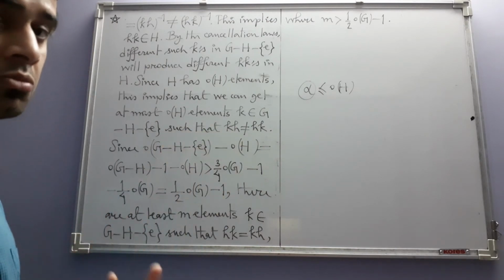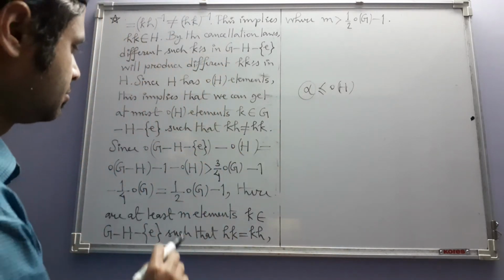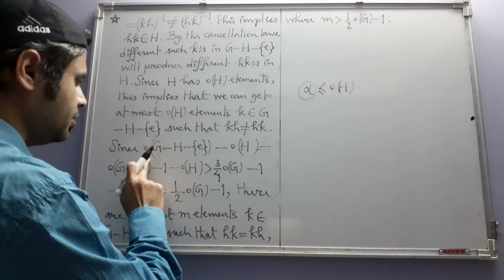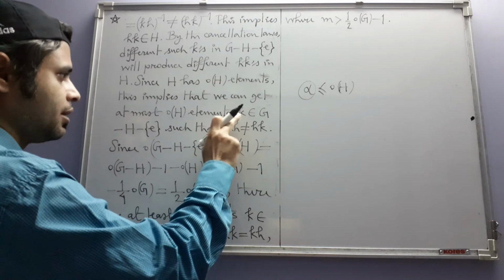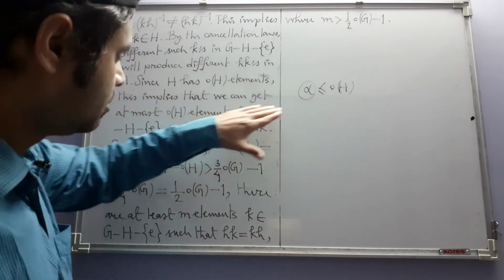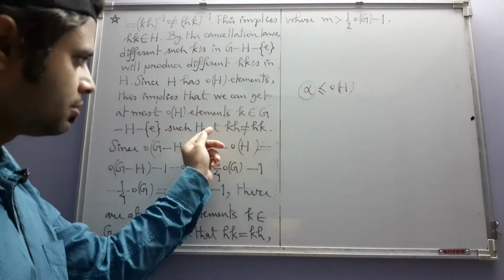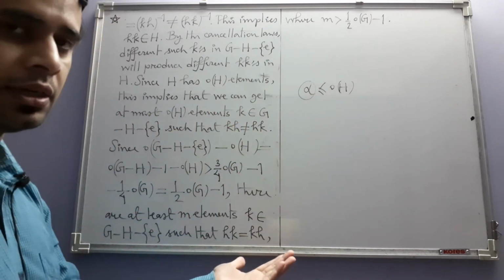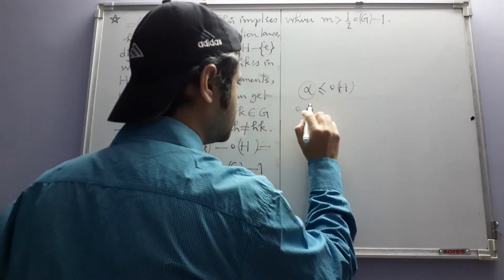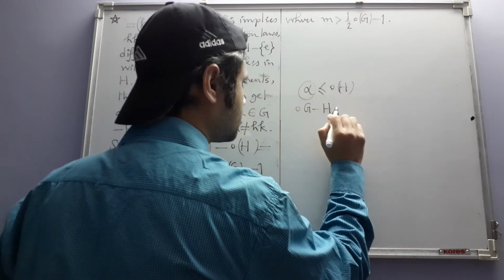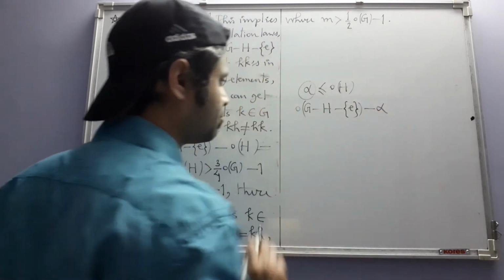For the rest of them this will not happen. Rest of them means which ones? Namely the other elements in G. Well, not exactly in G but here, because it's from this set that we are choosing k. So for this many elements k in this set, this happens. For the remaining elements, what will be the number of the remaining elements? That number will be this minus alpha.